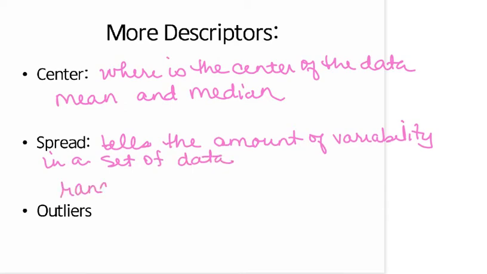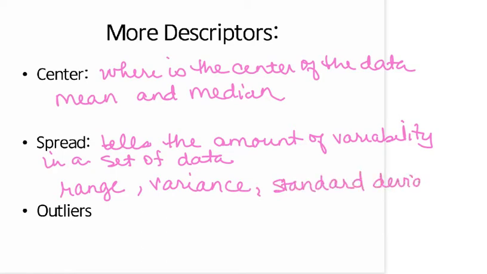The range tells you the spread of data. It's the difference between the highest point and the lowest piece of data that you have. Another one that we're going to learn about and use a lot, actually two more, we have the variance, which we will learn, and the all-important standard deviation. Measures of spread in statistics are vital.